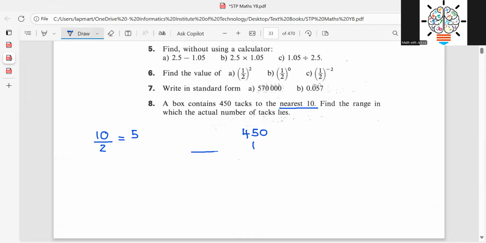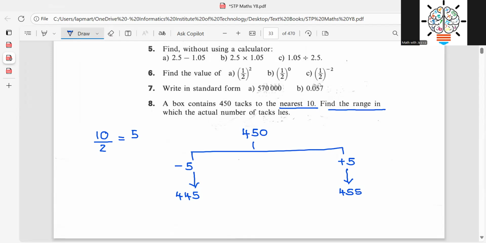Can you remember what I did? I deduct 5 here and I add 5 here. So what will be my answer? 445. And what will be my answer here? 455. And then find the range, right?